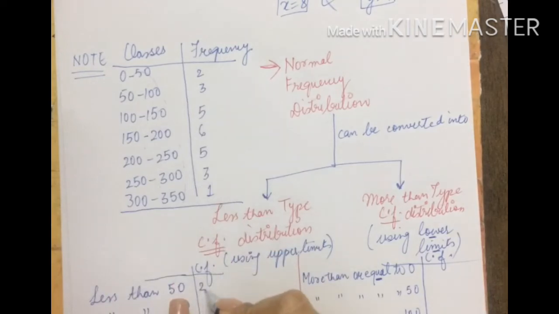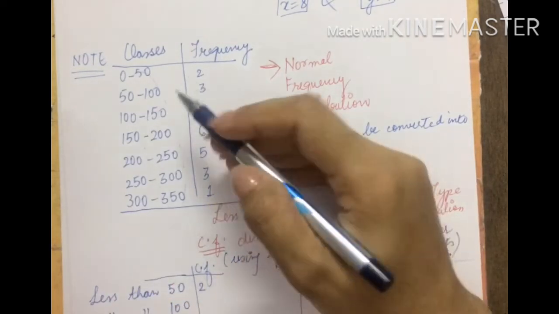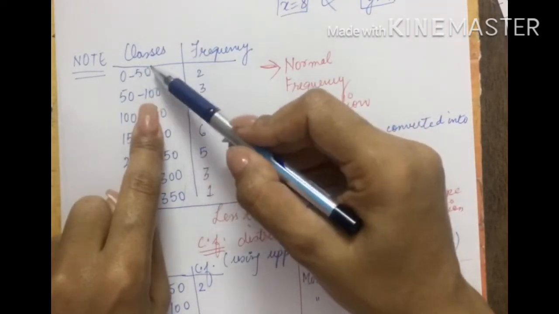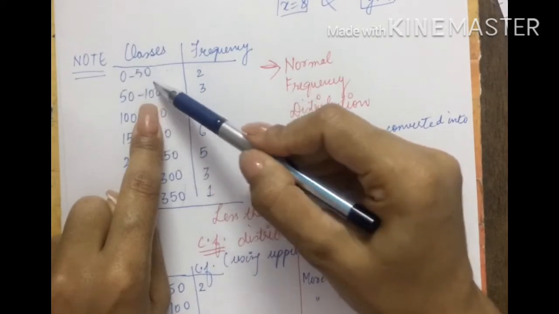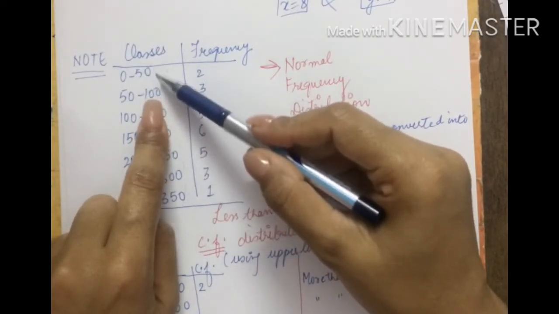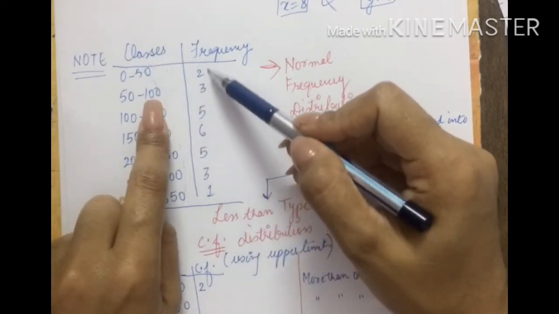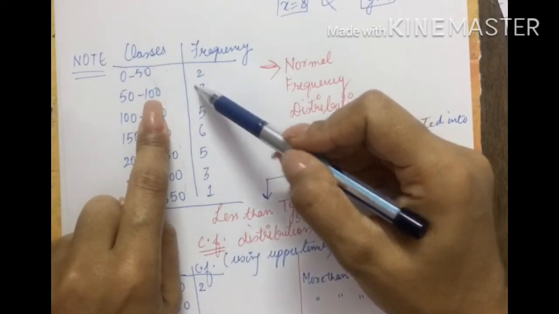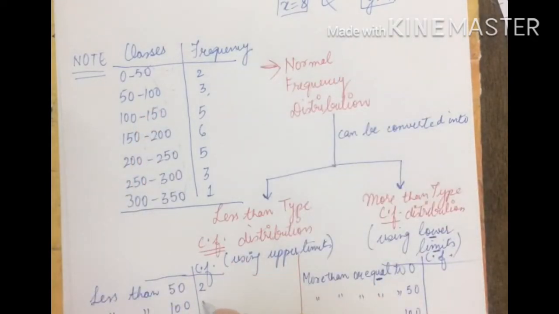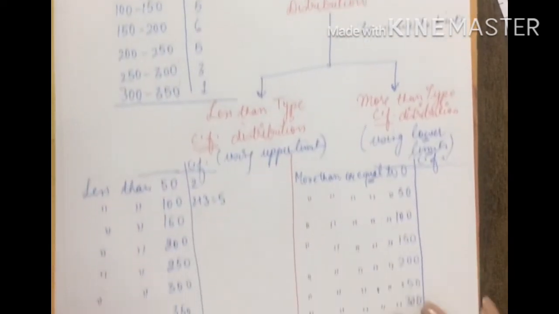So this will be 2. Then the observations which are less than 100. So the values belonging to this class as well as the values belonging to this class, both types of observations will have a value less than 100. So this will be 2 plus 3, which is 5.